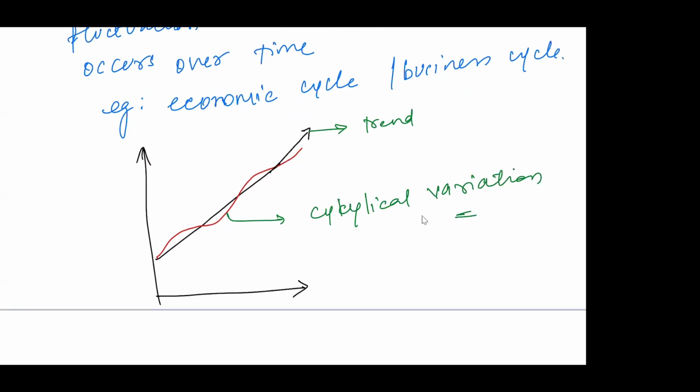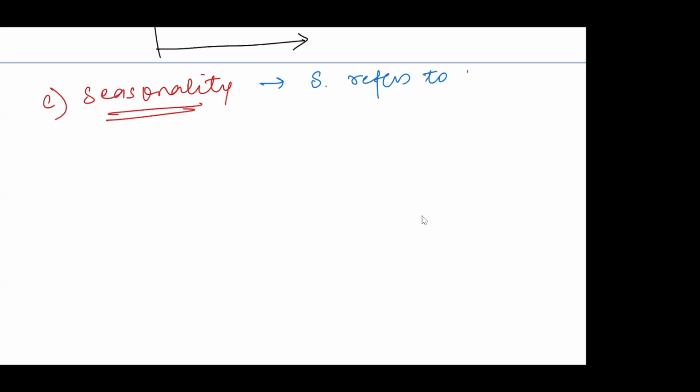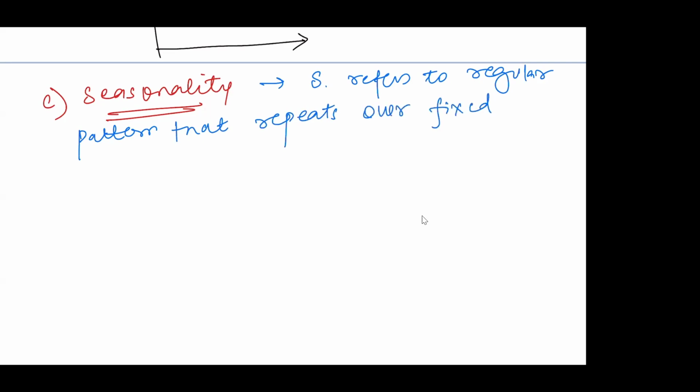This is the second component. Let's see the third component, which is seasonality. What do you mean by seasonality? Seasonality refers to regular patterns that repeat over a fixed interval of time.